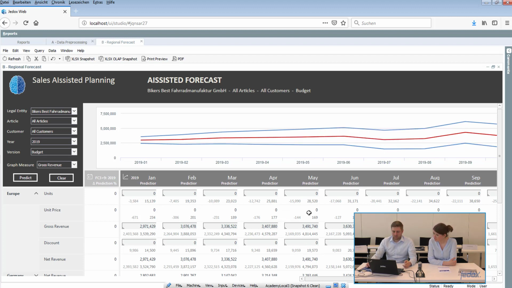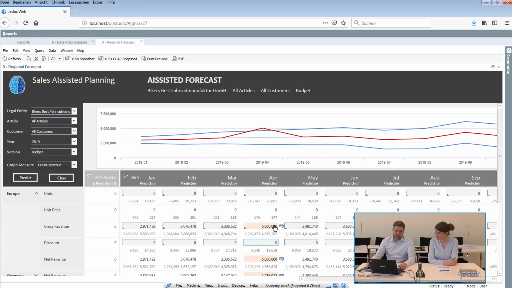So let's say we know, like in the other time series, we saw that April is always very good. So we will put more on April. Let's say we're very optimistic for it. So we have 5 million here.